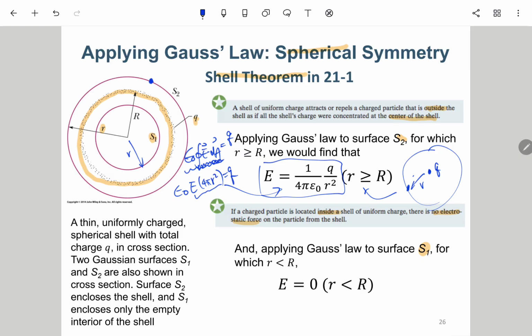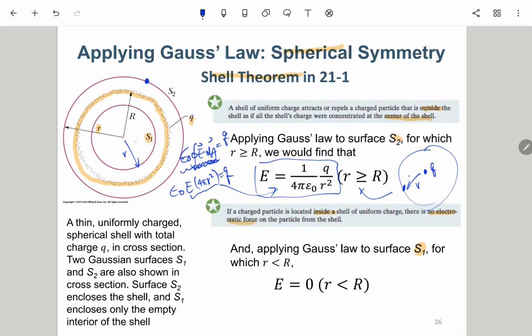By applying Gauss's law for S1, it actually encloses no charge. So epsilon naught integration of E dot dA is actually zero, and this turns out to be E equals zero. Because of the symmetry, all the points must have E equals zero.